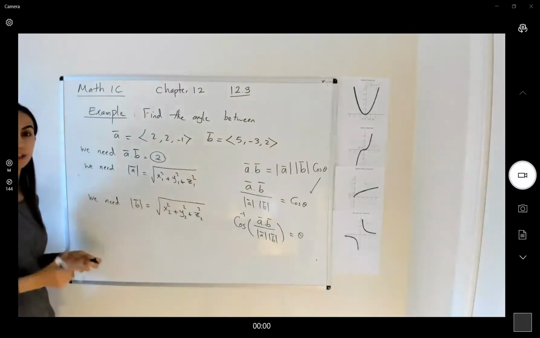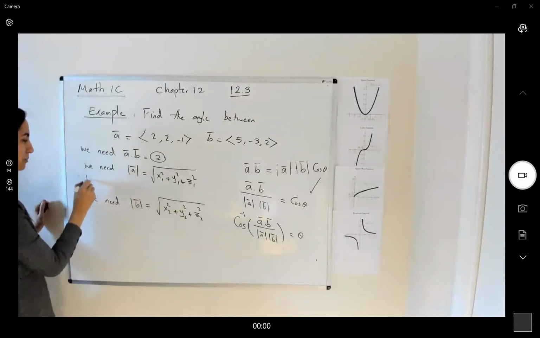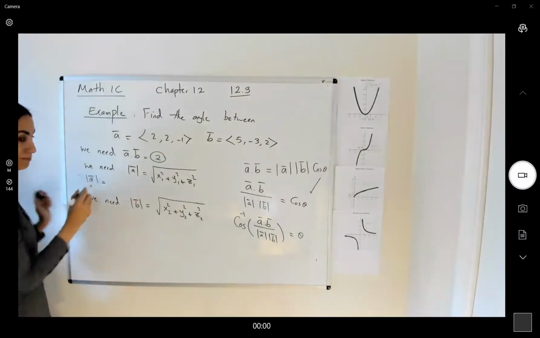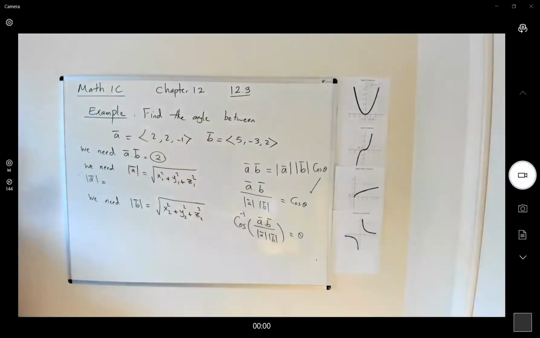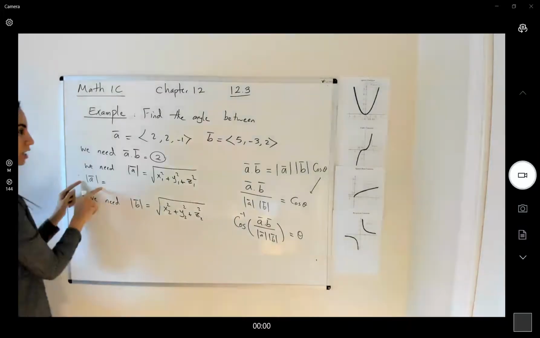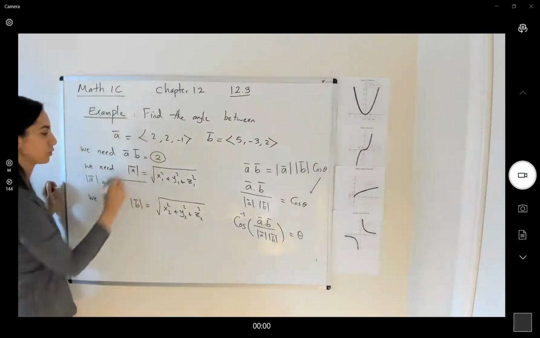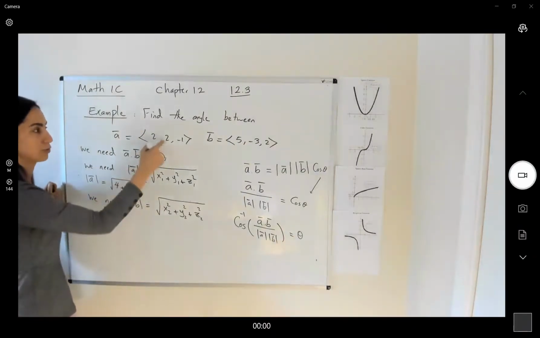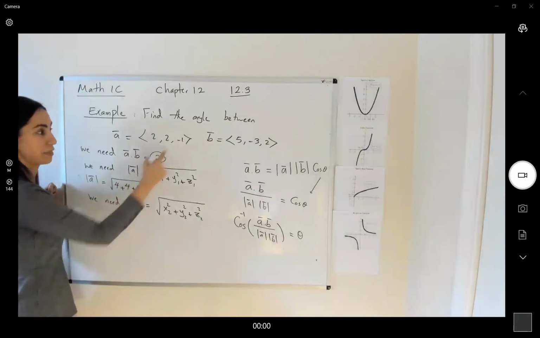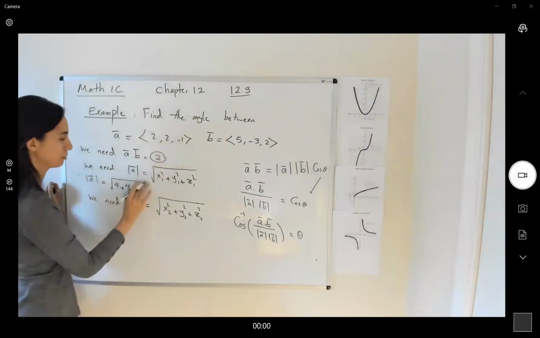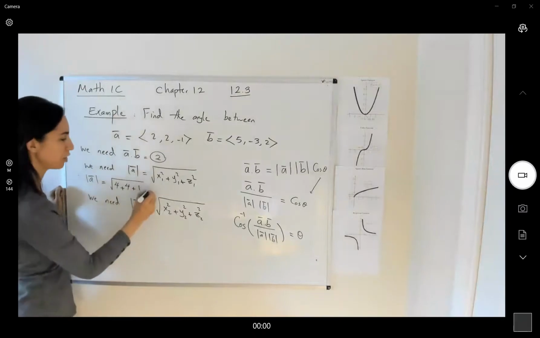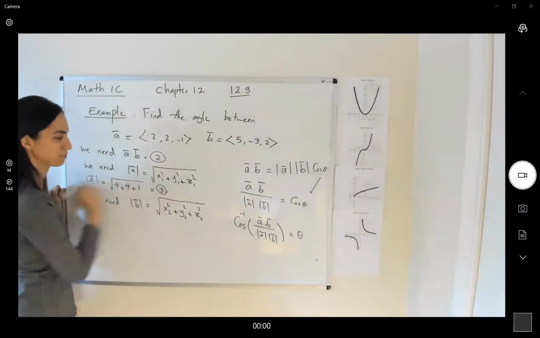Now let us find the magnitude of these two vectors. The magnitude of A is equal to the square root of 2 squared, 4, plus 2 squared, 4, plus negative 1 squared, 1. So you get the square root of 9, which is 3.